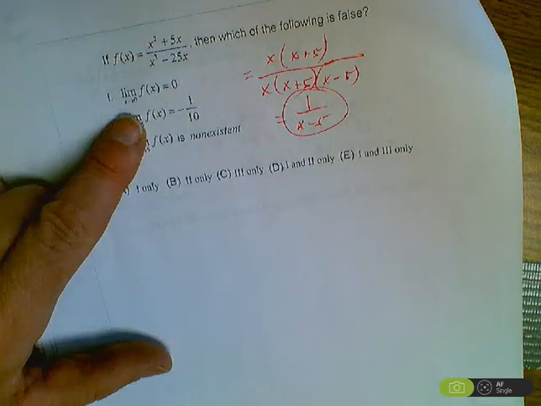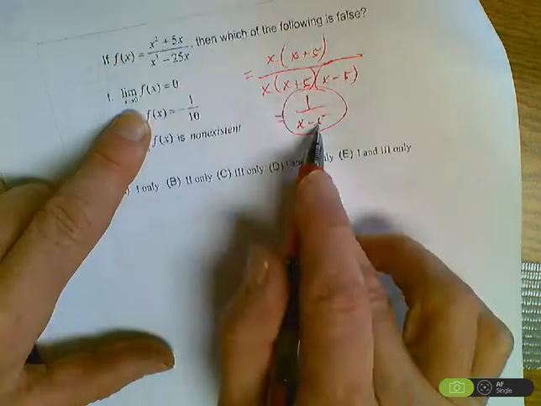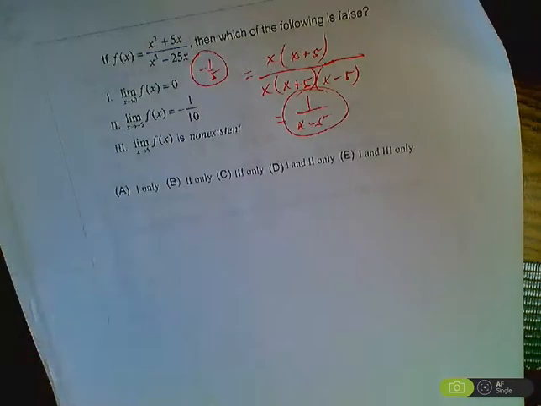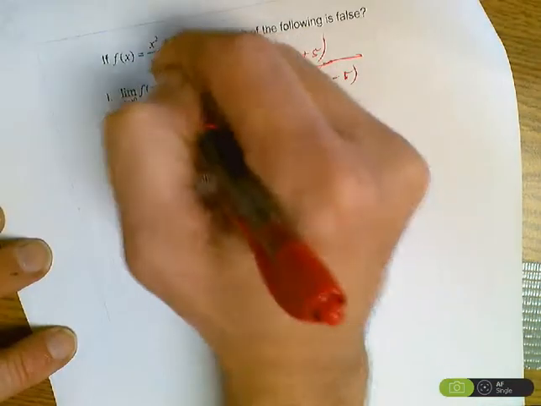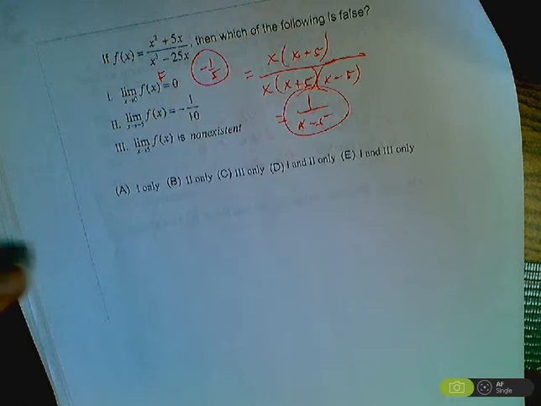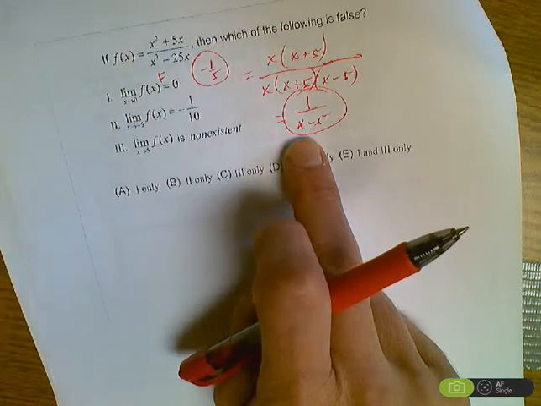So from the left, when x goes to 0, what is this function? Put 0 in here, what? Negative 1/5? Does everybody agree? That's false. It doesn't equal 0. It equals negative 1/5. Okay, as you go to negative 5, if I put negative 5 in for x, it's negative 1 over 10, right?